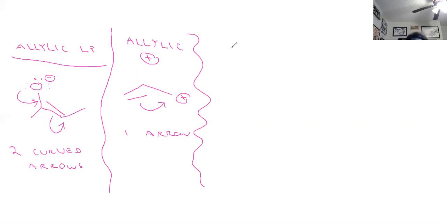Then we said lone pair adjacent to a carbocation. That was this example here. And these ones only require 1 curved arrow.